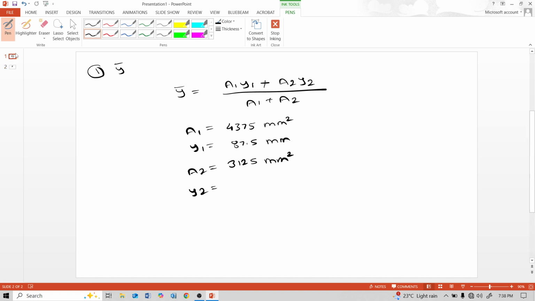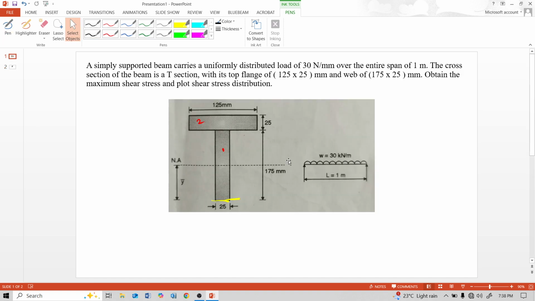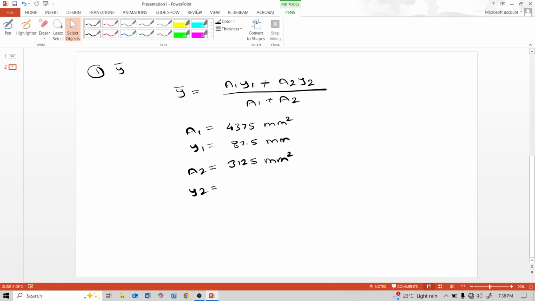And Y2 is 175 plus 25 by 2, 187.5 mm. Therefore, Y bar is equal to 4375 multiplied by 87.5 plus 3125 multiplied by 187.5 divided by 4375 plus 3125, which is 129.17 mm.